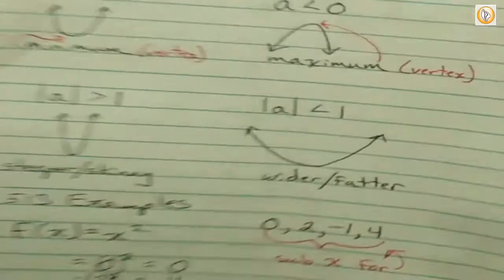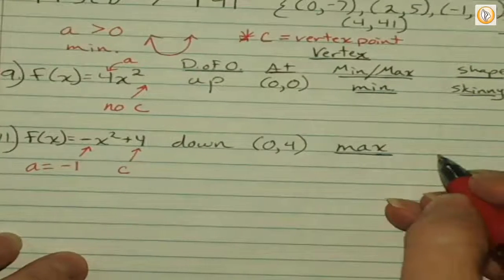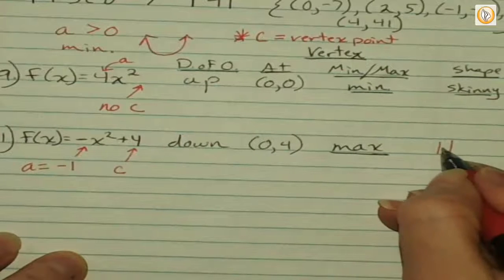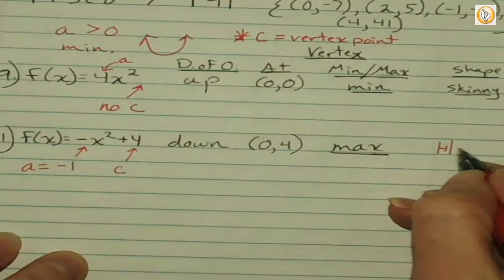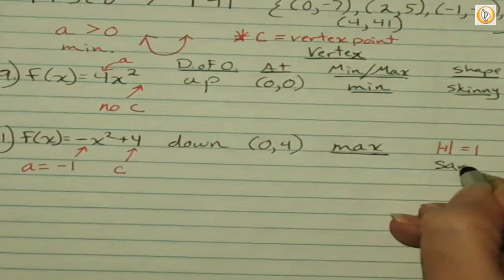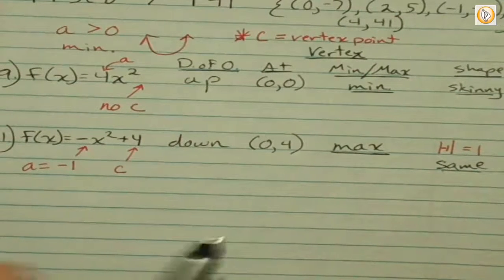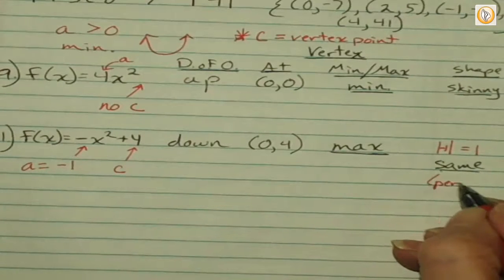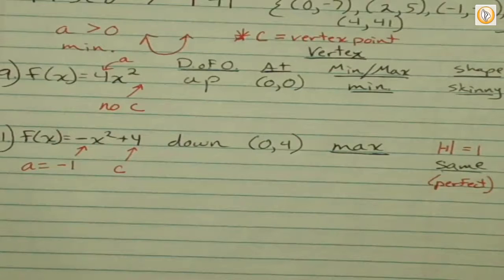Now look, for the shape, it's equal to 1, right? That means it's perfect. It's the same as what's at the top of your chart. It's not going to be fatter than the one on the little diagram. It's not going to be skinnier. It's just perfect. You just put same.